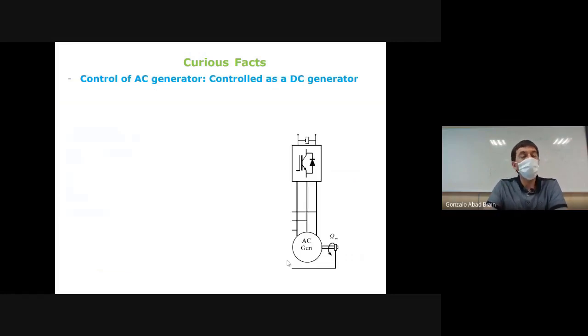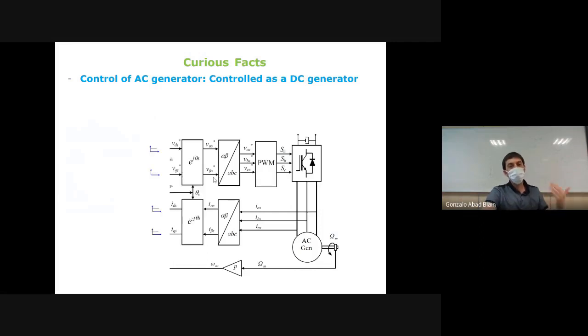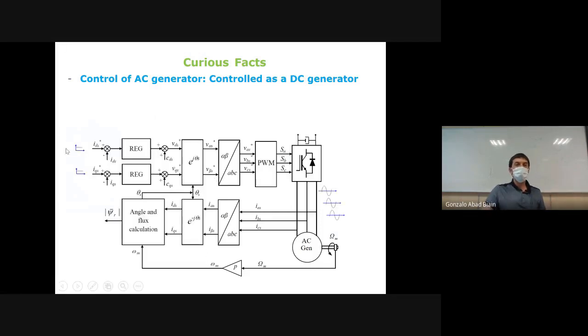Well, from the point of view of control, I have told you this several times, for me this is amazing. We are controlling AC machines, AC generators that demand AC voltages and AC currents of different amplitudes and different frequencies, but we create a control that understands or controls the machine in DC.